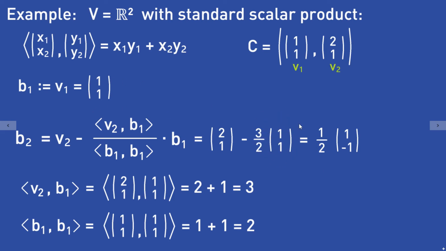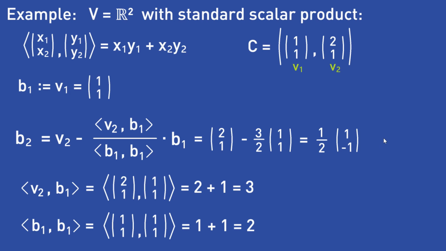And when we solve this, we get in the end that this here is equal to 1 divided by 2 times the vector (1, -1). So this here is our vector b2.